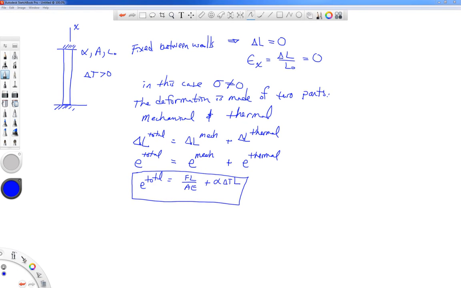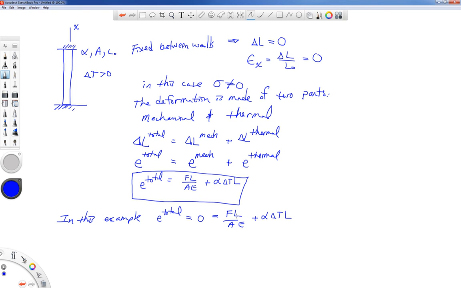Now, in this particular example that we're looking at right now, our total deformation is equal to 0. But we still have the rest of it we can write down, FL over AE plus alpha delta T L. Now, the mechanical deformation has a sign associated with it.